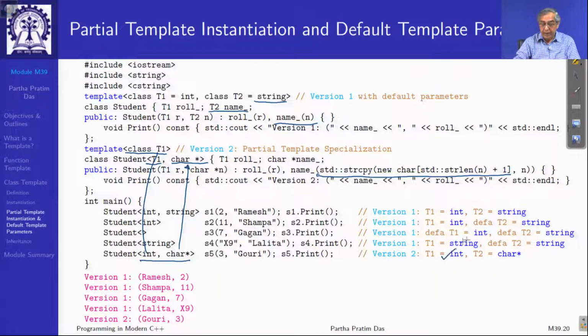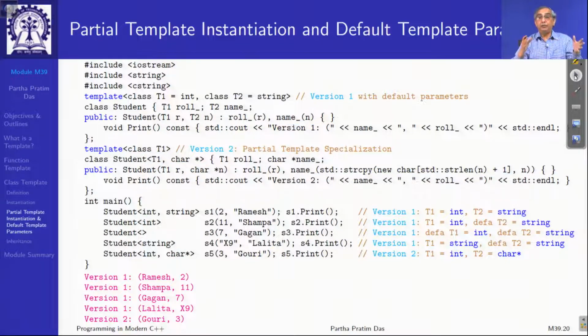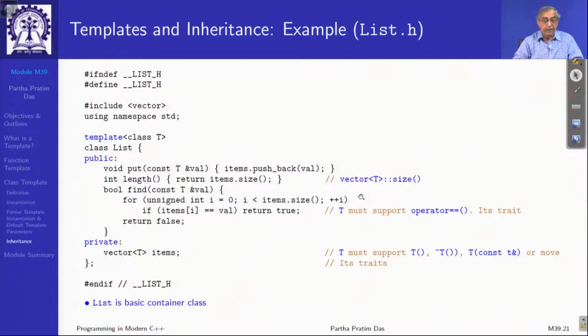And therefore, if I had not provided this, then doing student int char star would have been an error, because it would have just copied the pointer, not the actual value, and then during destruction time it would have been difficult. So, this can be generalized in any ways further, but this is what is known as partial template specialization.